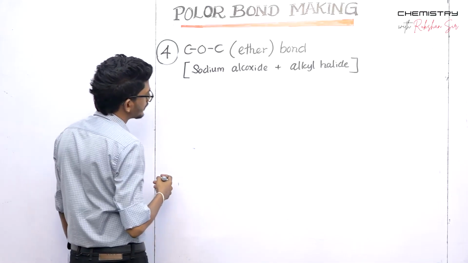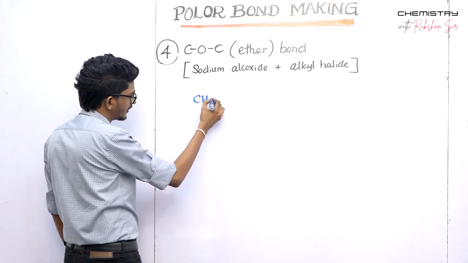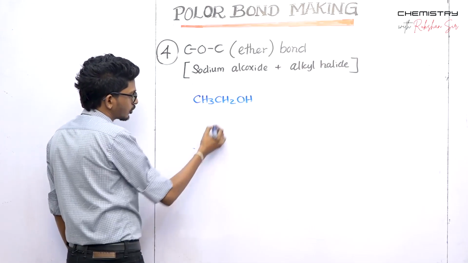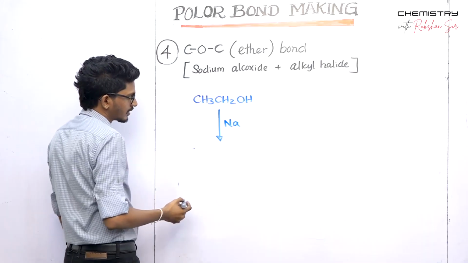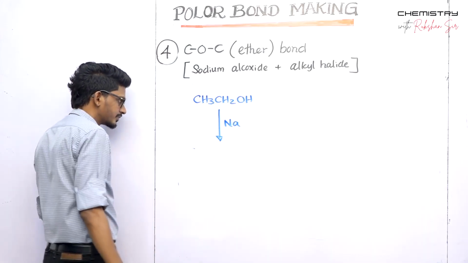So we can come up with alcohol. We can think of alcohol. If you add some sodium, as alcohol shows some acidity, it will produce a salt.